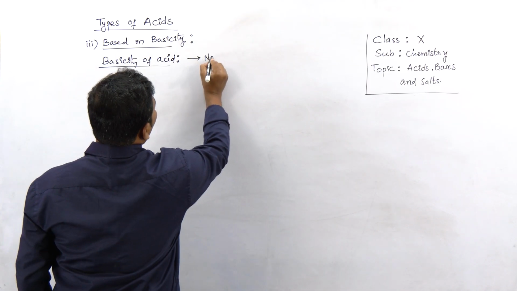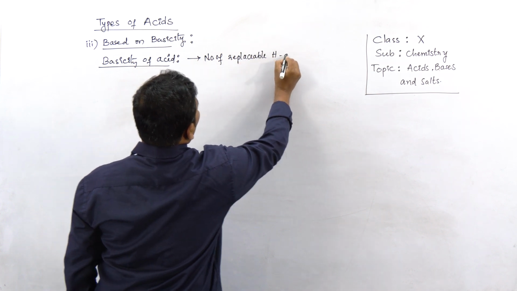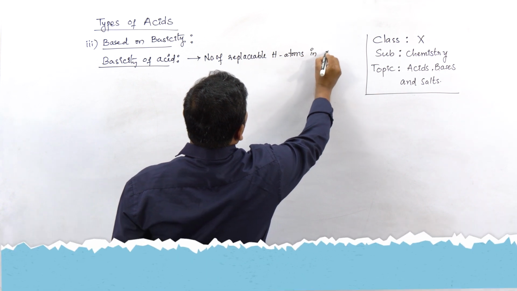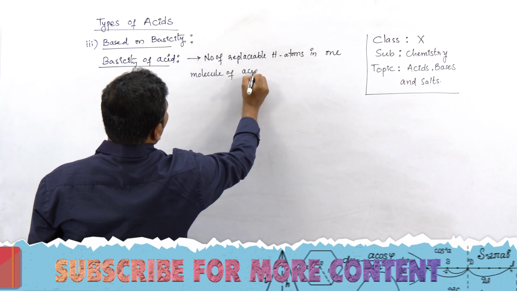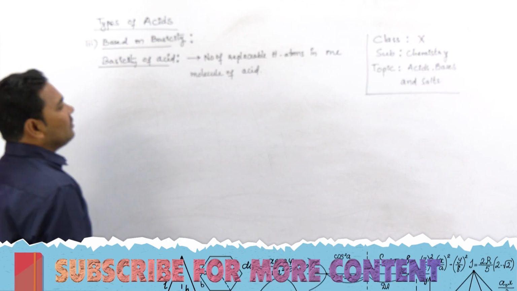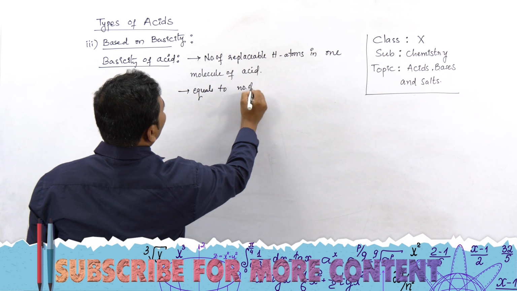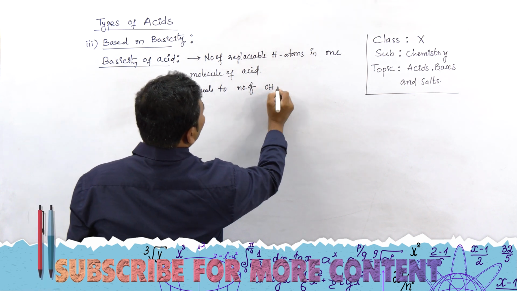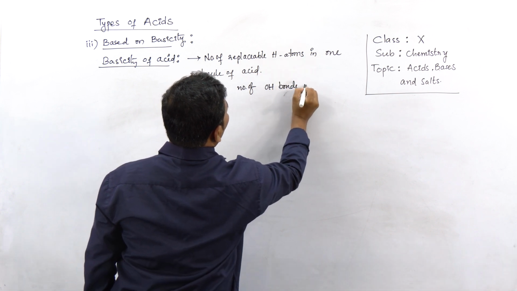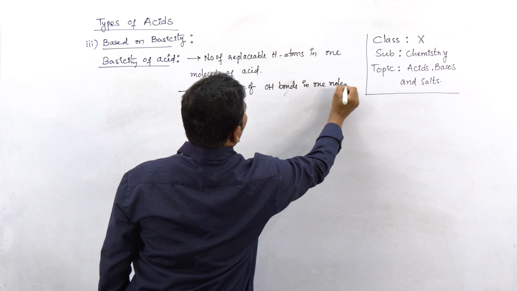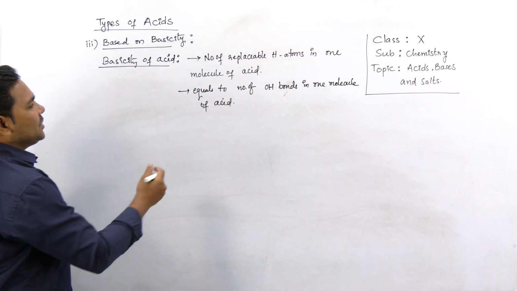Now the number of replaceable hydrogen atoms in one molecule of acid is called the basicity of the acid, which is also equal to the number of OH bonds in one molecule of acid.